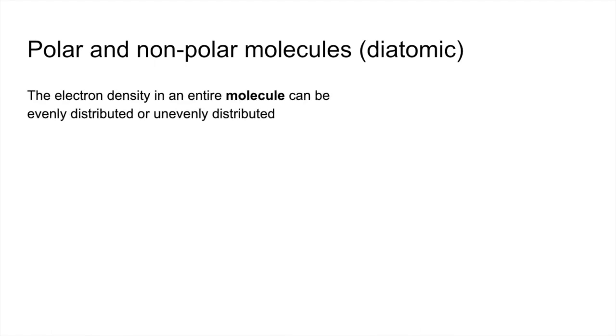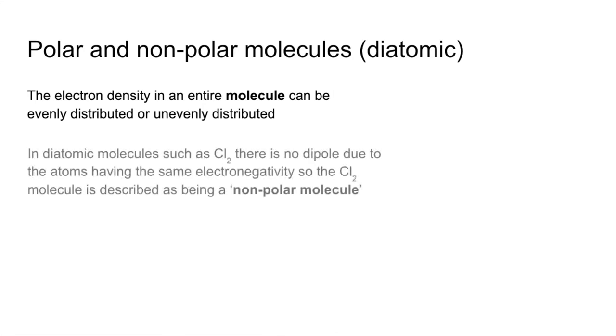The electron density in an entire molecule can be evenly or unevenly distributed. In diatomic molecules like chlorine, Cl2, there's no dipole because the atoms have the same electronegativity, so the Cl2 molecule is described as a non-polar molecule.